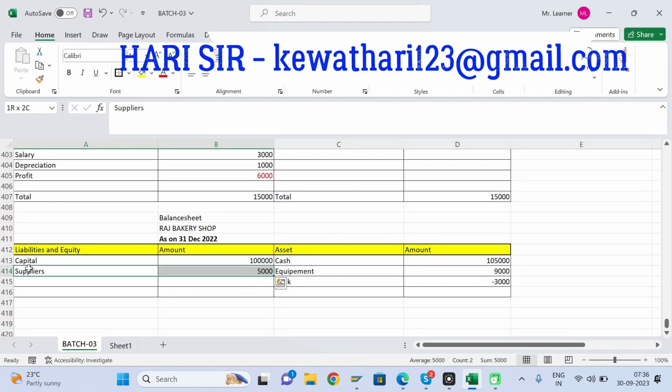Generally this profit you add to the share capital value. So I am putting profit here. If it is profit, you put it in positive. If it is loss, you put it in negative. So right now I'm in profit, so I'm putting it in positive.